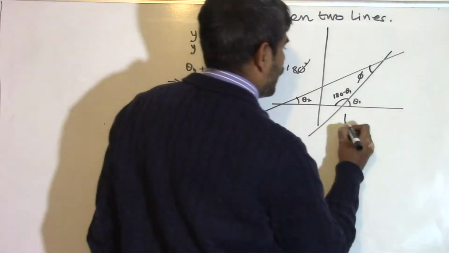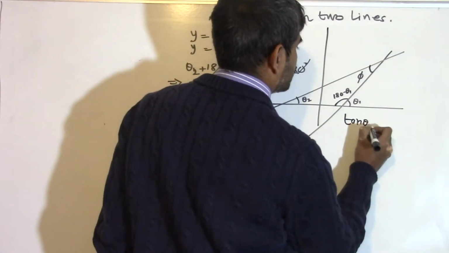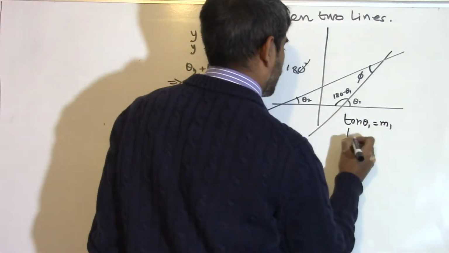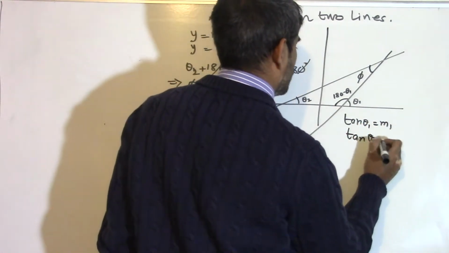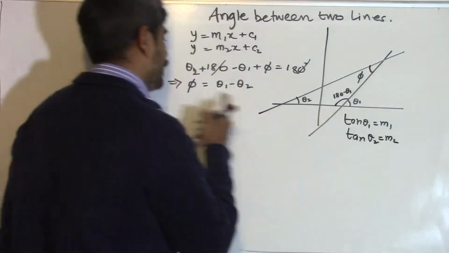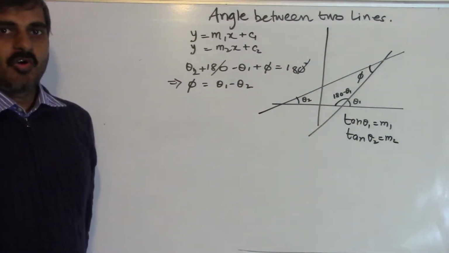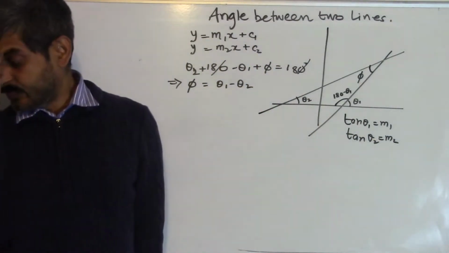So tan theta 1 is nothing but m1 and tan theta 2 is equal to m2, and therefore we can take tangent on both sides of this equation.